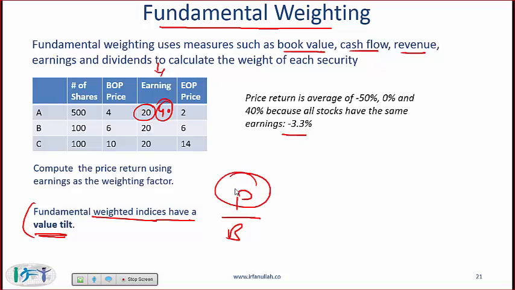So if market price goes up and all else stays the same, that particular stock will have a higher weight. Whereas in fundamental weighting, if the stock price goes up, that does not change the weighting. The weighting is impacted by earnings in this particular scenario. So just remember that fundamental weighted indices have a value tilt.